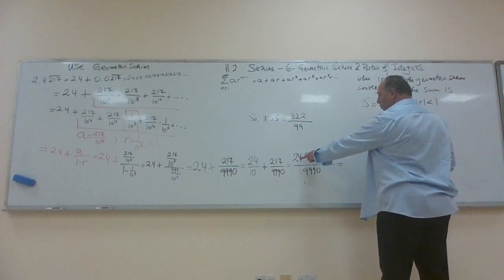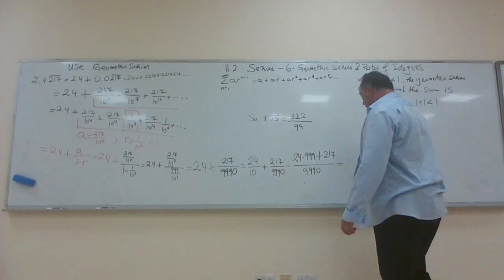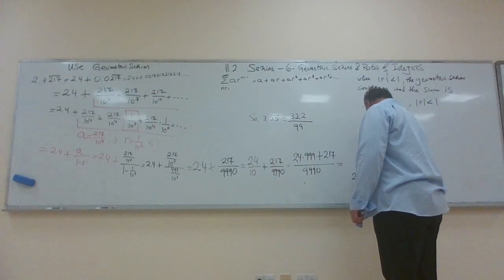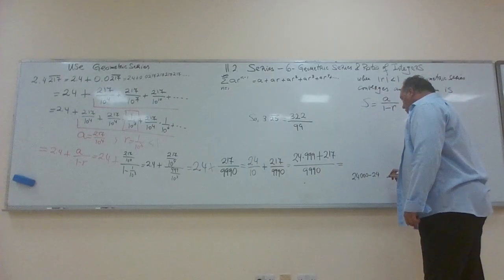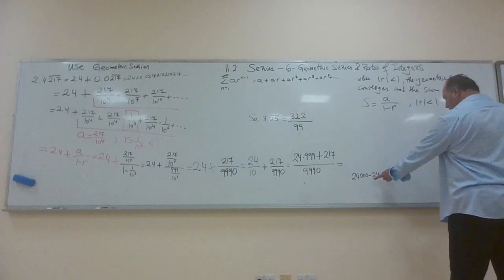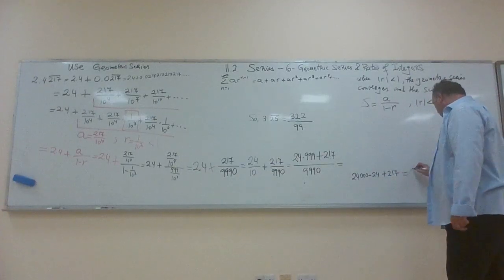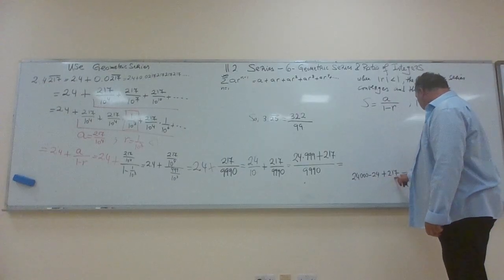So this will be 24,000 minus 24, so 24,000 minus 24 plus 217. So essentially we need to take care of this, so it will simplify to 23,900. So how much is this?